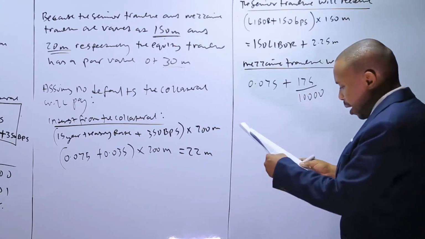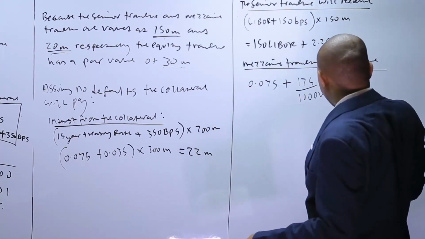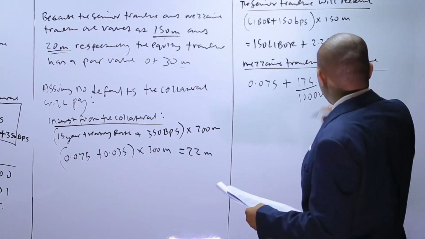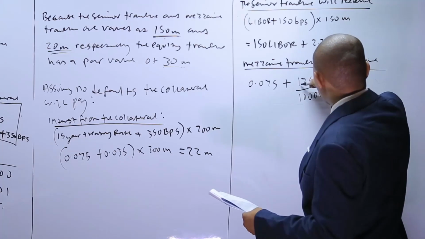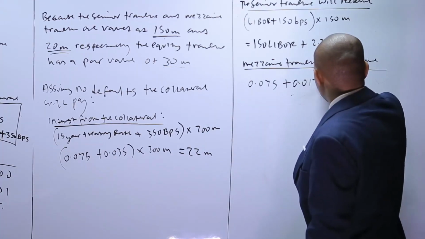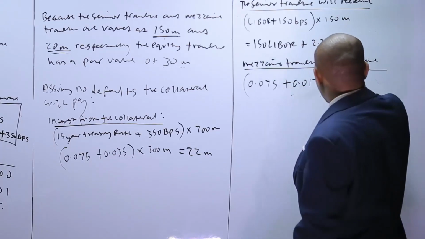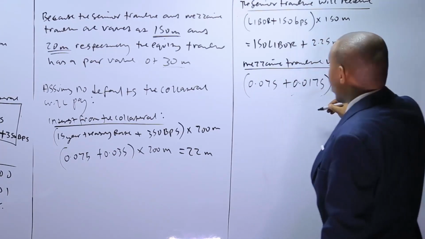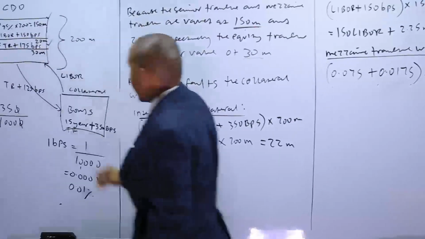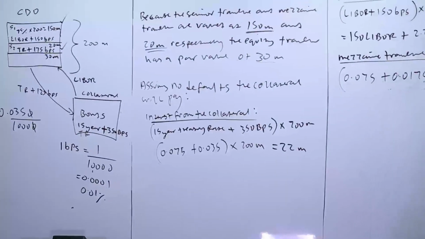So we have how much? We are getting 0.075 plus 0.0175. Yes, 1, 2, 3, 4. Yes, 0.0175. And this is applied to how much? To 20 million. We're dealing with this middle tranche right down over here. So it's applied to 20 million.